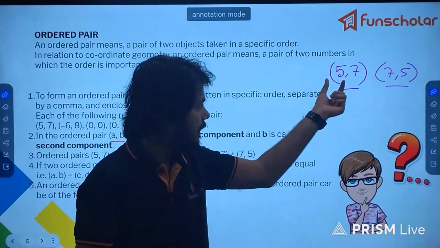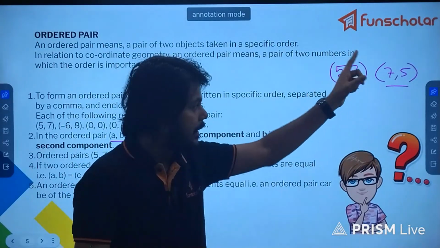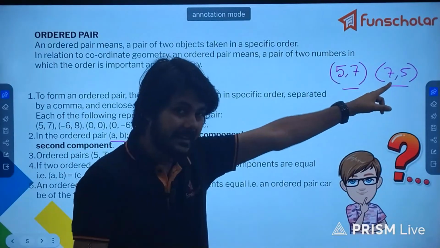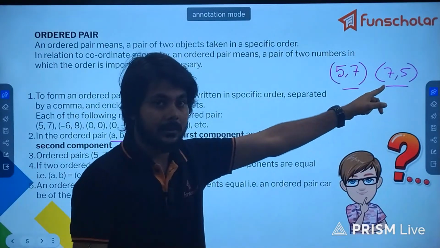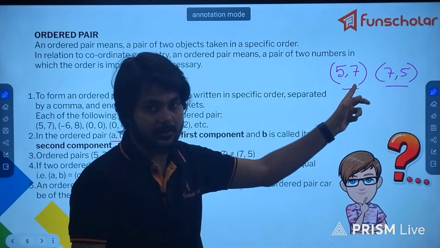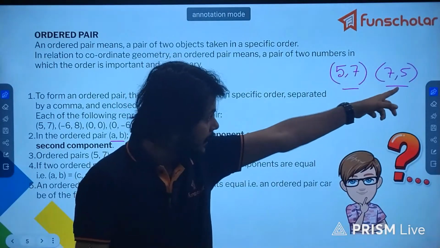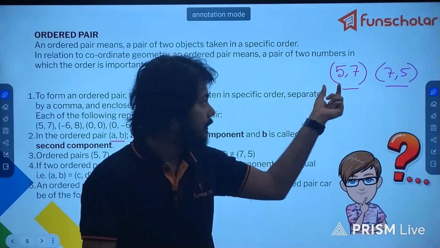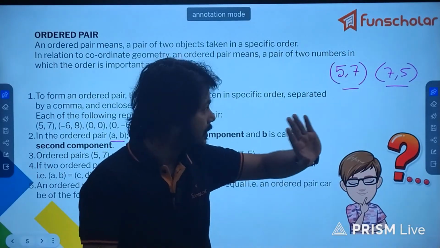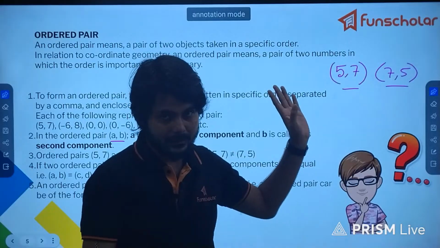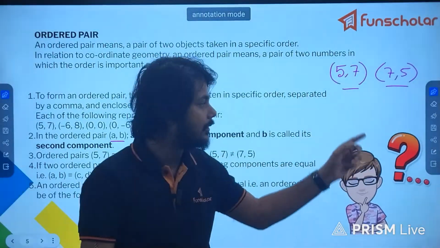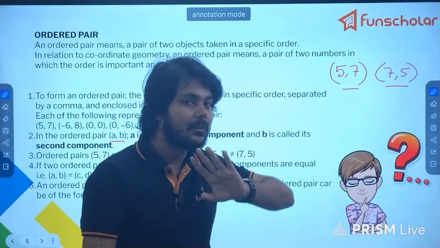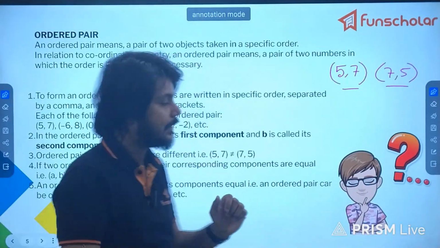Because the first component in this case is 5 and the first component for that case is 7, while the second component for this ordered pair is 7 and the second component for that ordered pair is 5. So they are not the same in the components. One is 5 comma 7 and one is 7 comma 5. They are not the same, they are different. Okay.